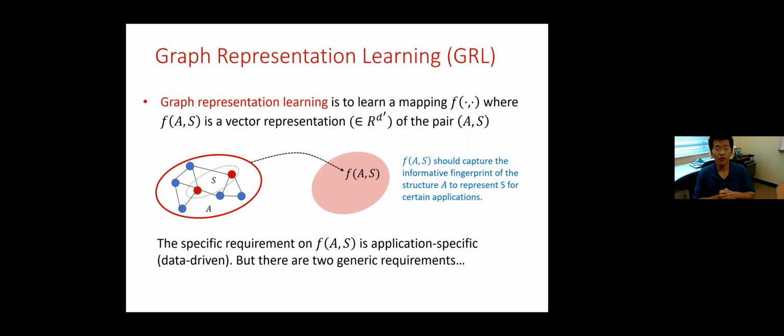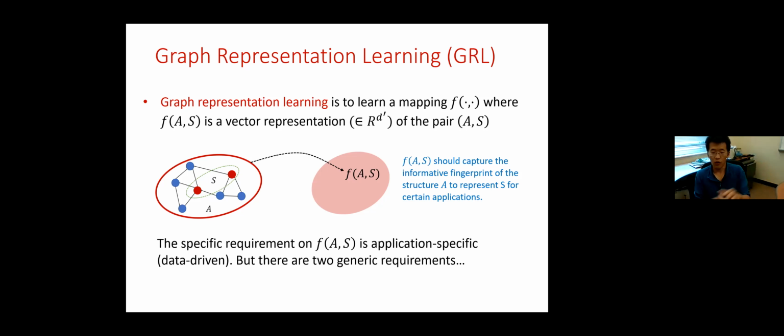Okay, and the formal definition of graph representation learning is to learn a mapping from this two-tuple to a vector. Okay, and you can imagine this representation f(A, S) captures the relevant information contained in the structure A and the target node set S, and is used for certain types of applications.